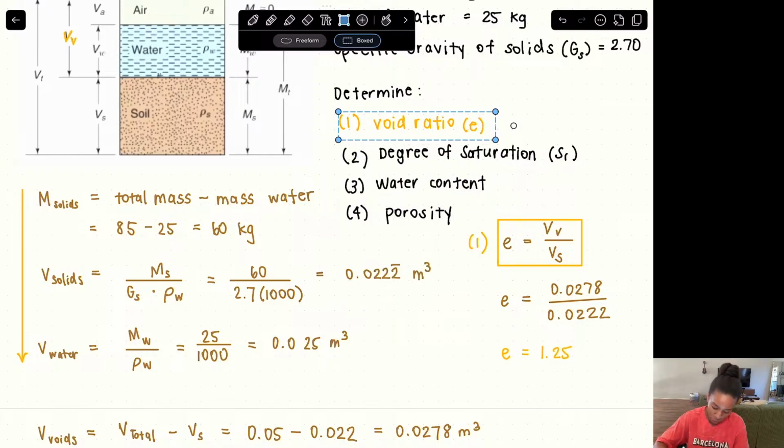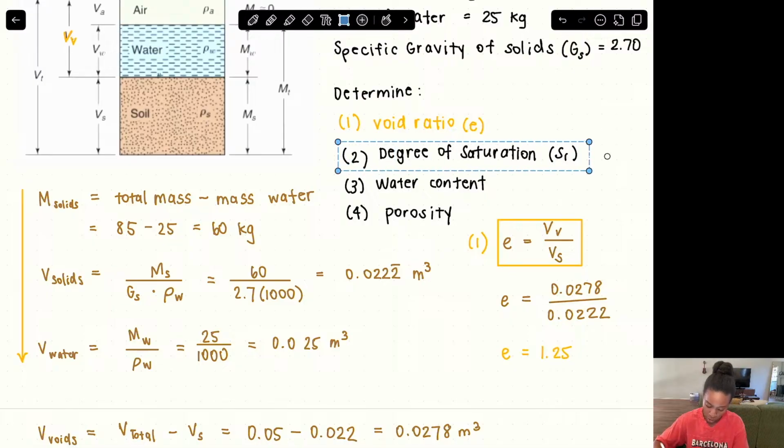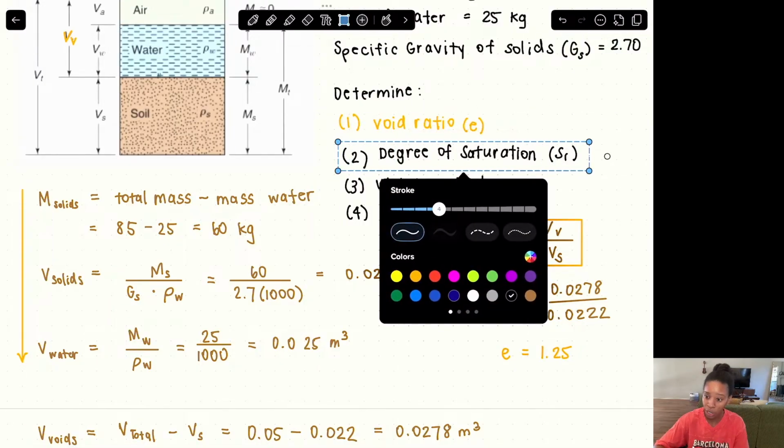All right, so now let's work on the degree of saturation. No worries, John. This will be multiple choice on the exam. I did not set this one up as a multiple choice problem, but you'll be able to compare your answers to the answers that they give on the exam. So that should help you out.